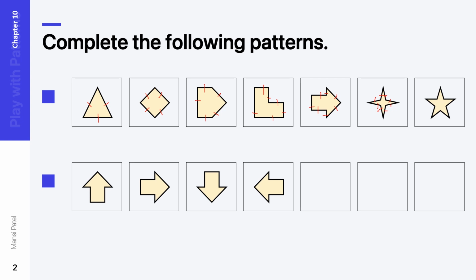So, in our next pattern, which direction does this arrow show? So again, it shows upwards, then the right hand side, and then it shows downwards. So this is known as the pattern.